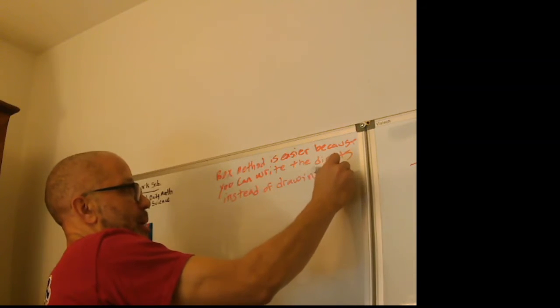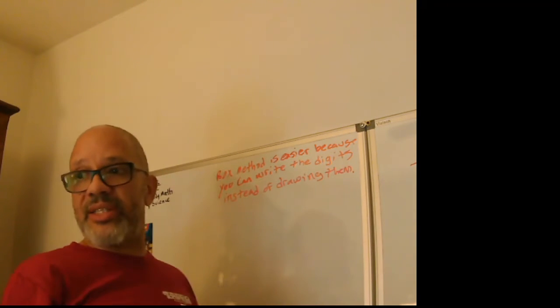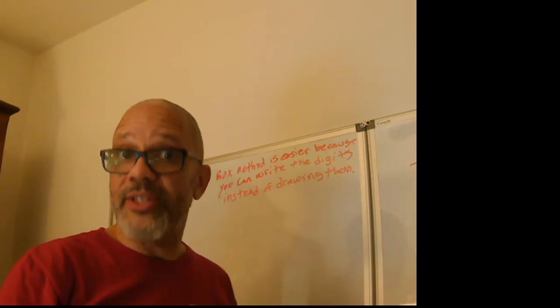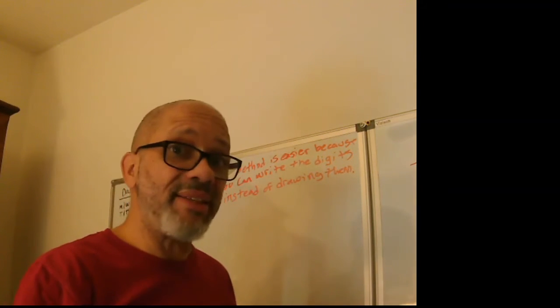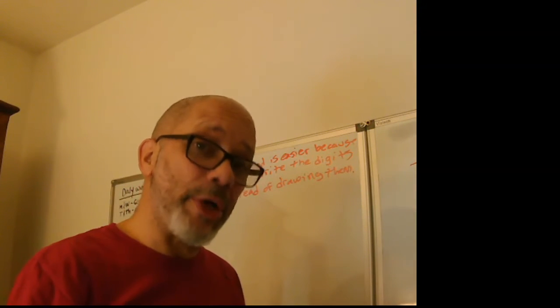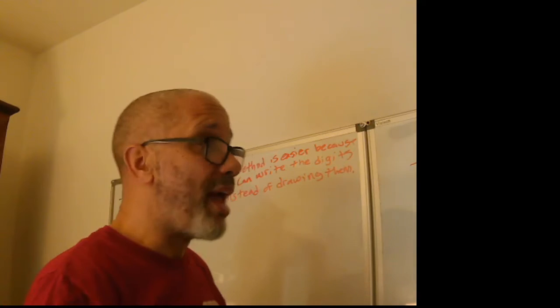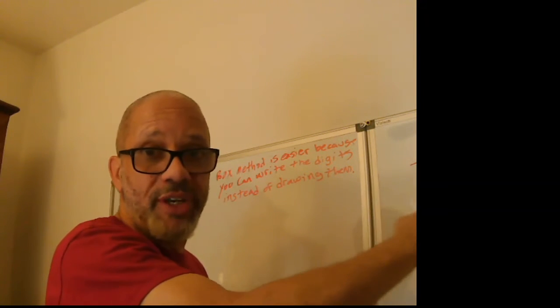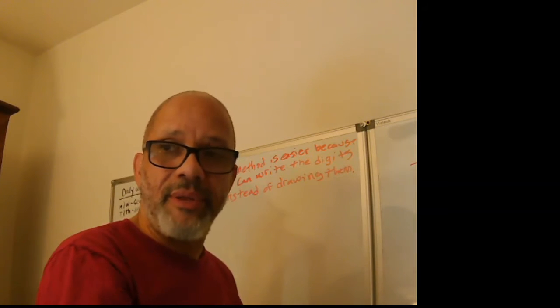them. And I know y'all can see my writing, but you can pause the video here and actually write the sentence. It is, the box method is easier because you don't have to draw the digits. You can write them.